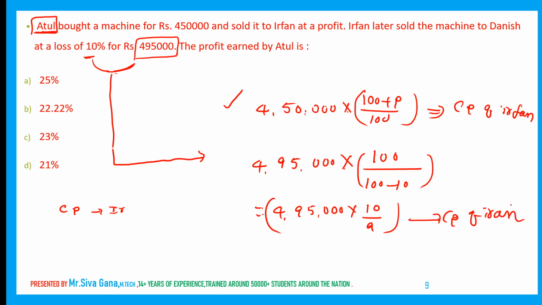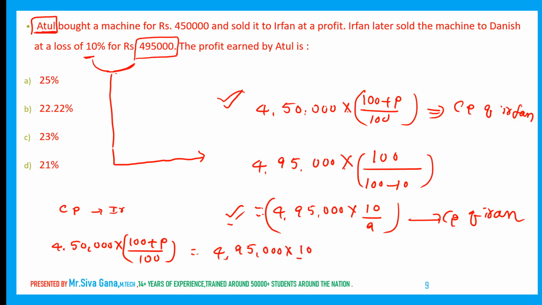Both are the same. If I equate this one and this one, we will get the profit earned by Atul. Let us equate. So 4,50,000 into (100 plus profit) divided by 100 is equal to 4,95,000 into 10 by 9.